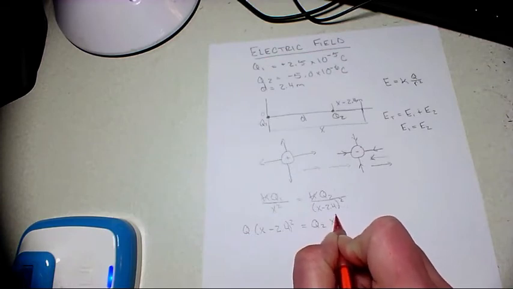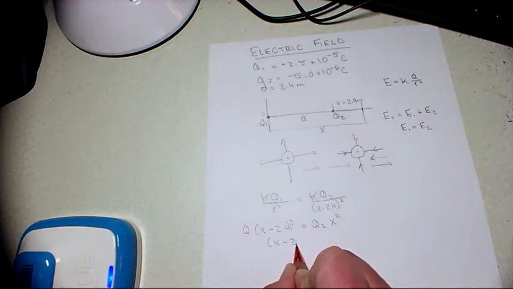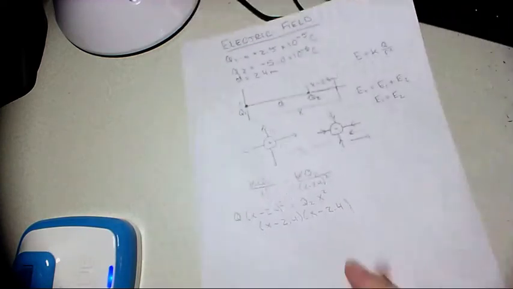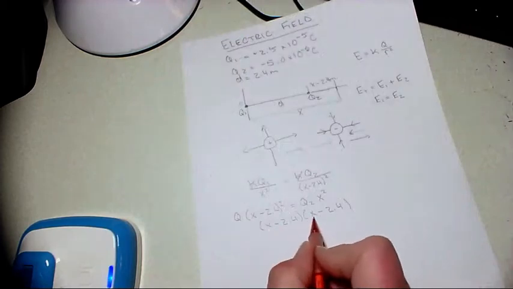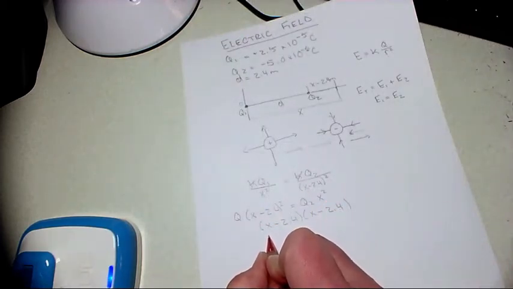equals q2 times x squared. So now we need to FOIL this out. And if you're a little bit rusty, I'll go ahead and show you just this once how to do that. So you're just going to piecemeal, make sure that all the pieces have been multiplied together.